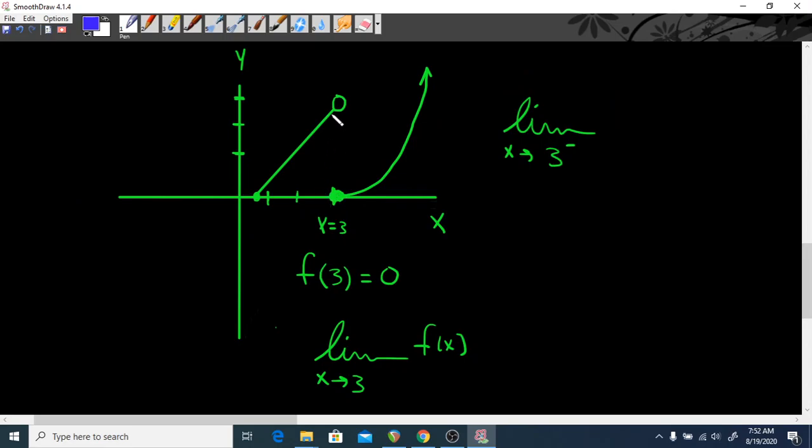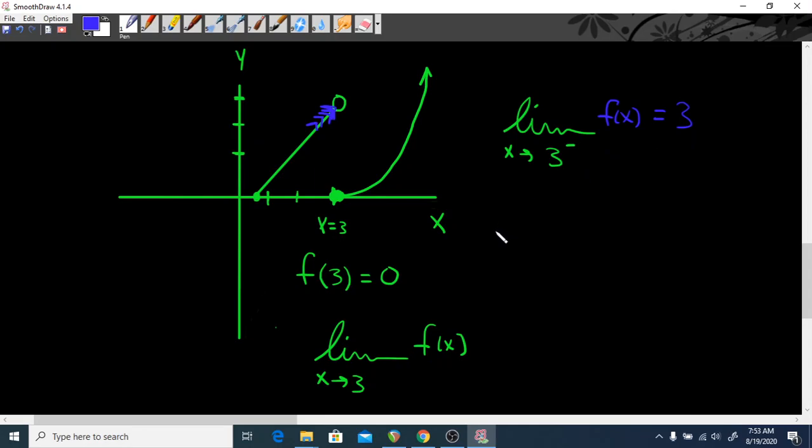If we're left, we're on this part of the function. And if I sketch toward x equal 3, what y value am I getting closer to? It happens to be 3. Left-hand limit, we're getting closer to 3.